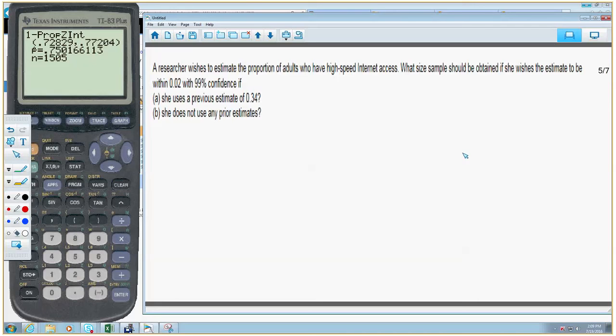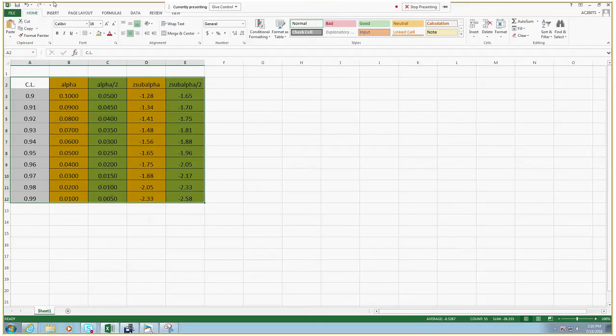There. A researcher wishes to estimate the proportion of adults who have high-speed internet access. What size sample should be obtained if she wishes the estimate to be within 2 percentage points, 2%, with a 99% confidence level? We need to pull up our handy-dandy chart.